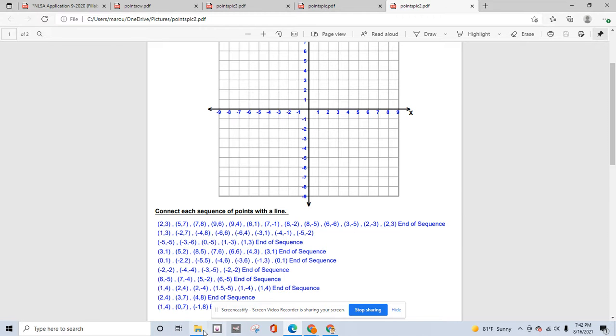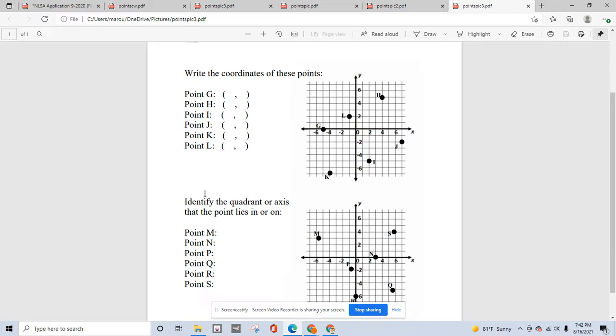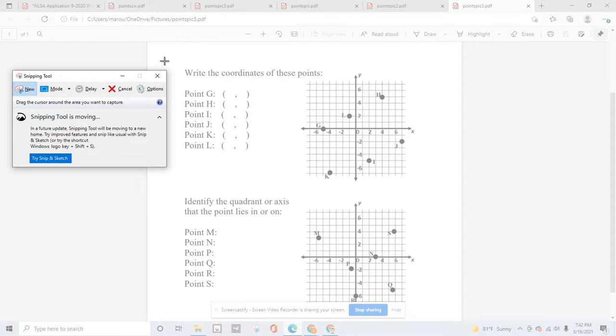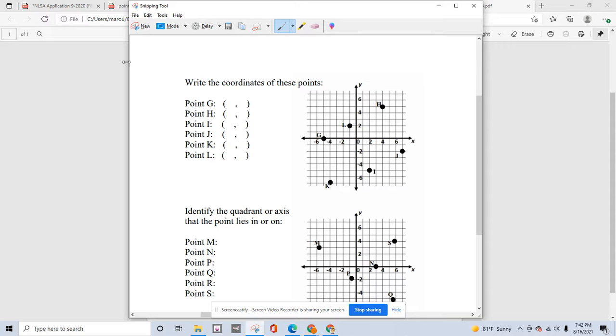Let me pull up the other thing I wanted to talk about. Cool. This is the last part here. This should be pretty straightforward as well. Everything's centered around plotting points. If we're going to do this one, we're going to plot G. Where's G at? G's kind of difficult, you know why? Because G is actually on the x-axis. So what do we do first?